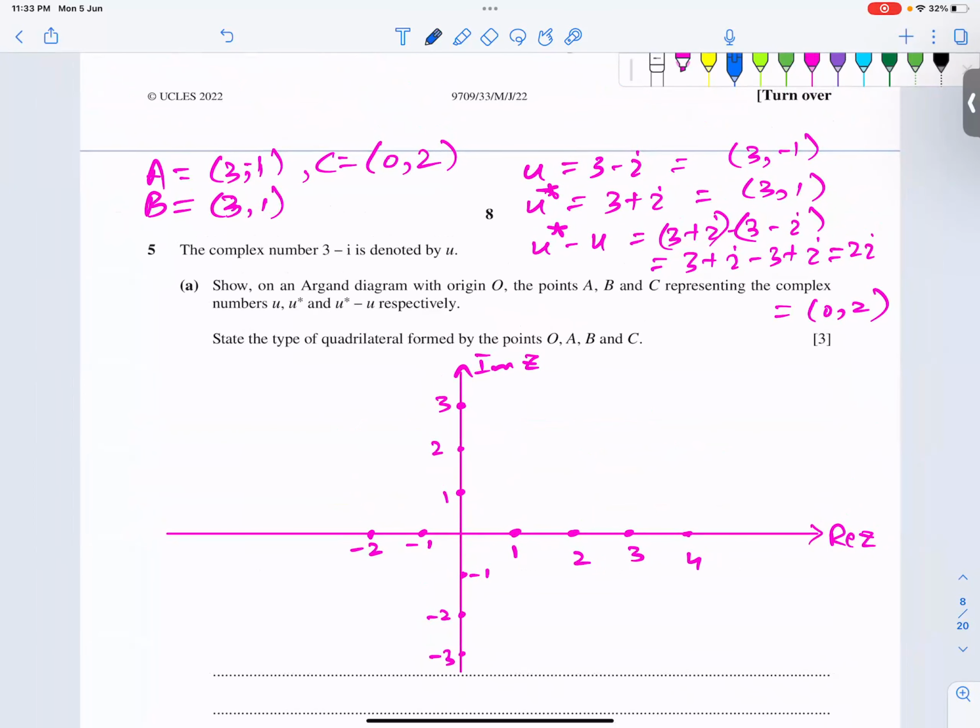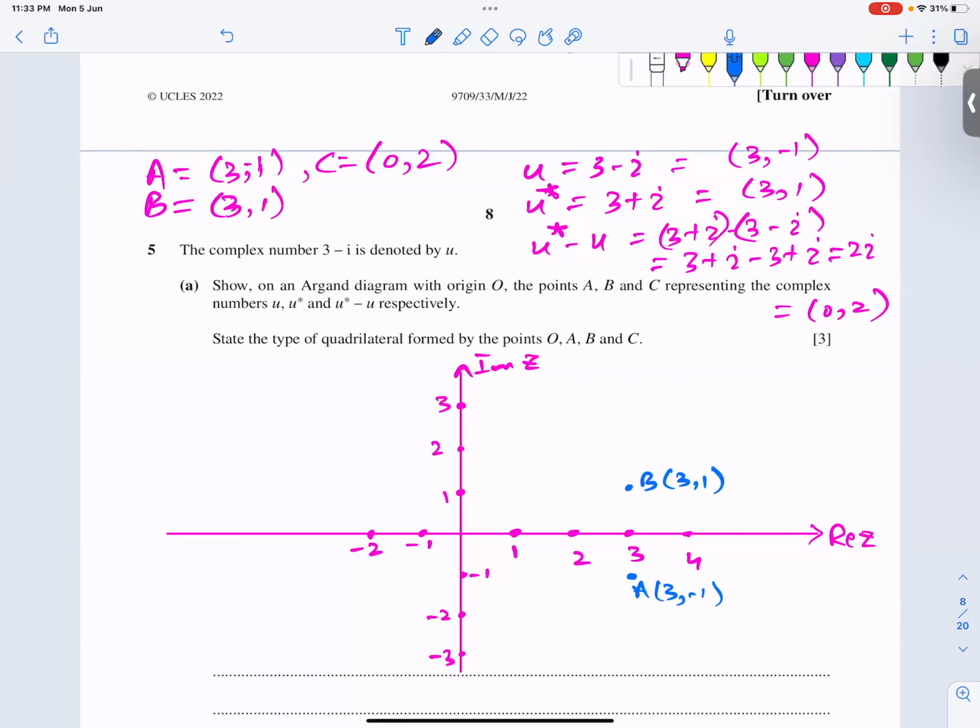Okay. Now the A point is 3 comma -1, 3 on the x-axis and -1 on the y-axis. So A will be here, 3 comma -1. The B point is 3 comma 1. So 3 on the x-axis and 1 on the y-axis. So this will be here, 3 comma 1.